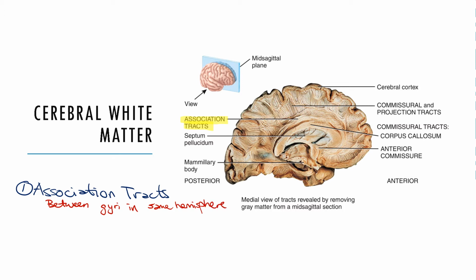Our second type of tract is a commissural tract. So these tracts will conduct nerve impulses from gyri in one cerebral hemisphere to corresponding gyri in the other hemisphere. So we're going to see these here. Now, 3 important groups of commissural tracts. Actually, here, we'll write this first. So these are going to be between gyri in different hemispheres. These are going to be the corresponding ones on opposite hemispheres, by the way.